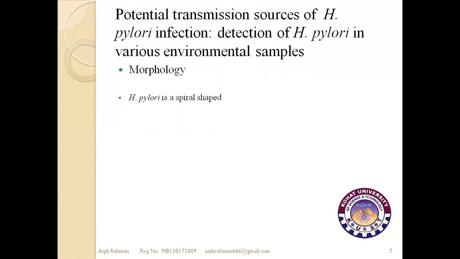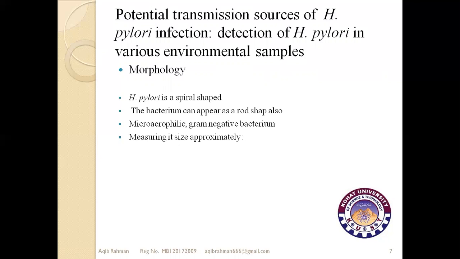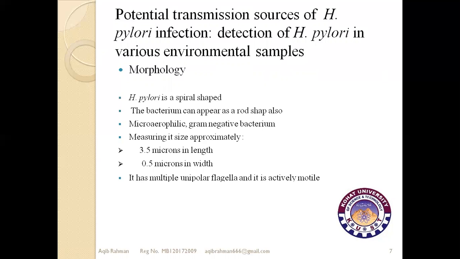Morphology. If we discuss its morphology, H. pylori is spiral shaped. The bacterium can appear rod shaped also. It is a microaerophilic gram-negative bacterium, measuring approximately 3.5 microns in length and 0.5 microns in width.